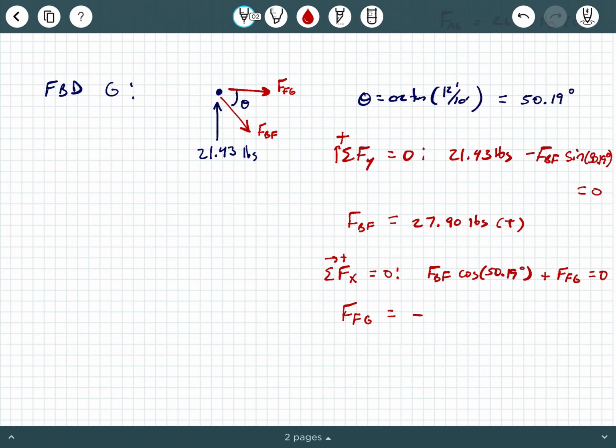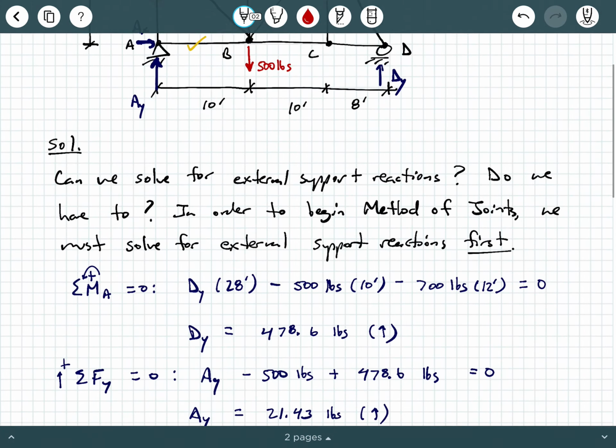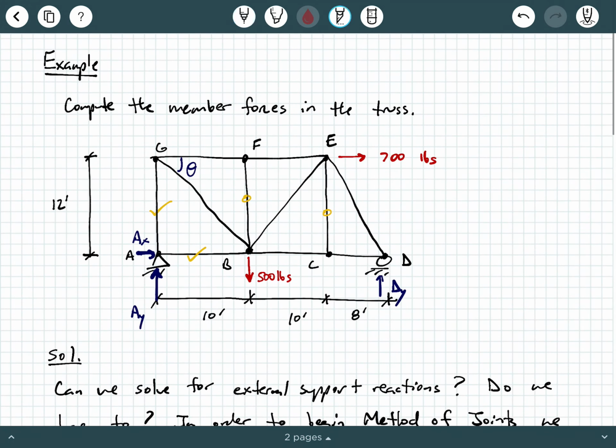So let's multiply this by cosine 50.19, and I get 17.86 pounds, which, because it came out negative, and again, we were assuming FFG is in tension, it's going to be 17.86 pounds in compression. So we can go ahead and check these two member forces off.